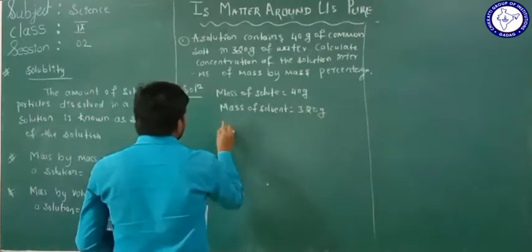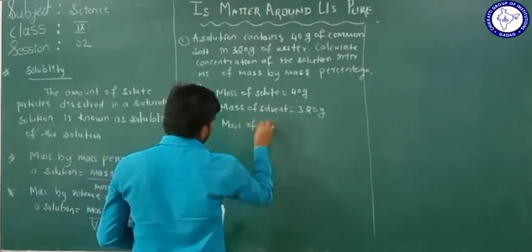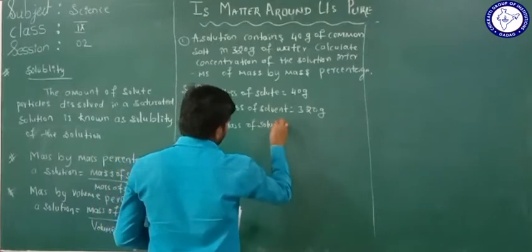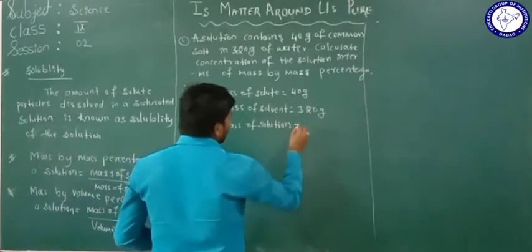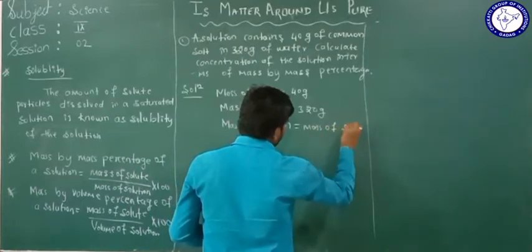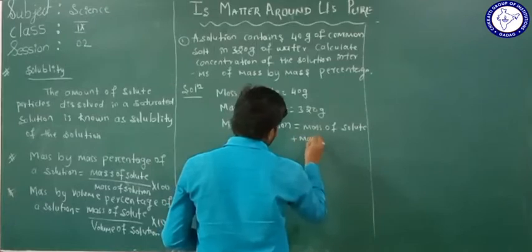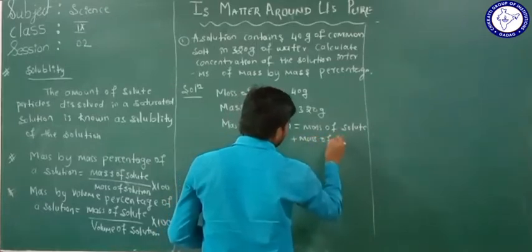Then we need the mass of the solution. Mass of a solution is equal to mass of solute plus mass of solvent.